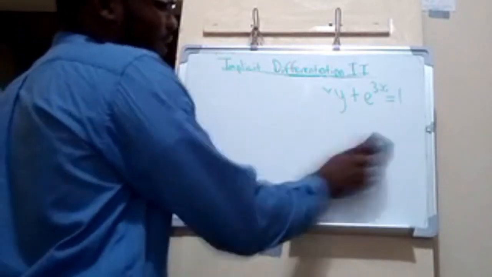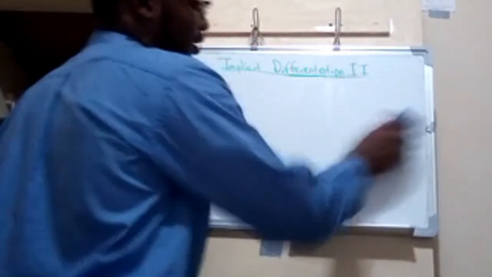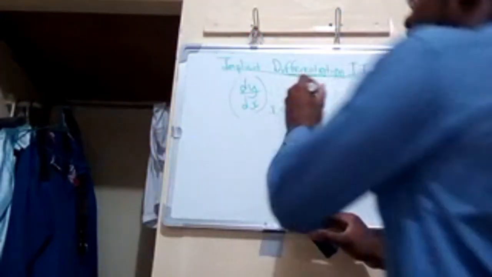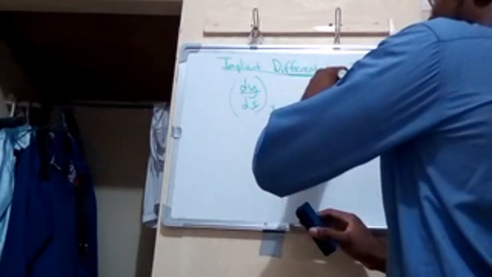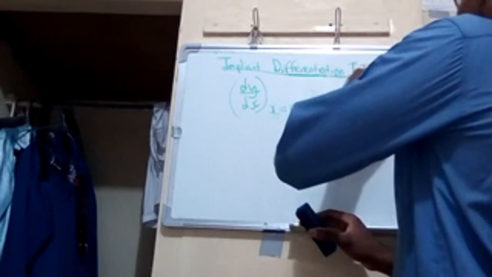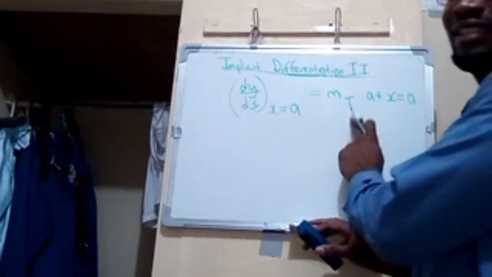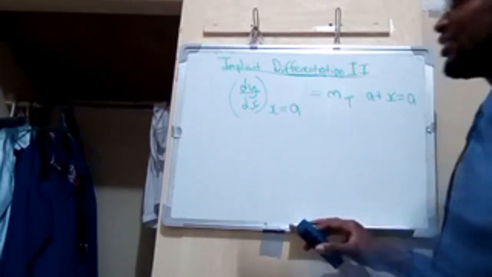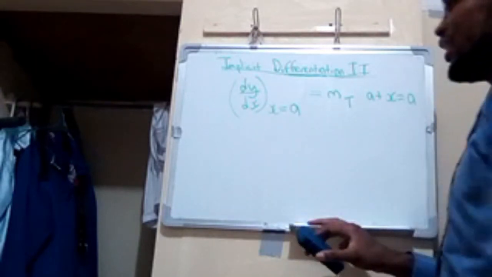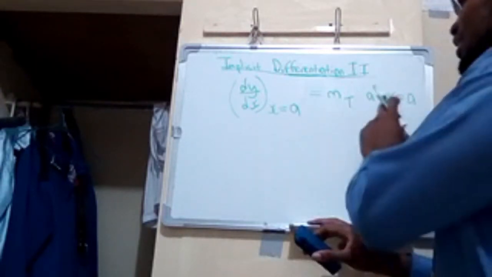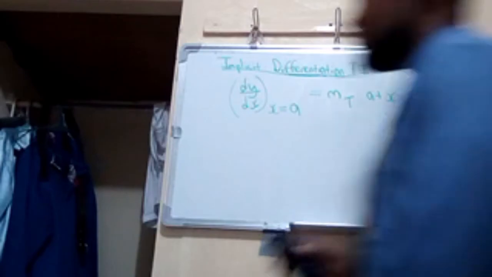Before we do the example, let's just write down something, right? dy by dx at the point where x is equal to a is equal to the gradient of the tangent at x equal a. This T stands for tangent. So dy by dx when x equals a is the gradient of the tangent at x equals a.